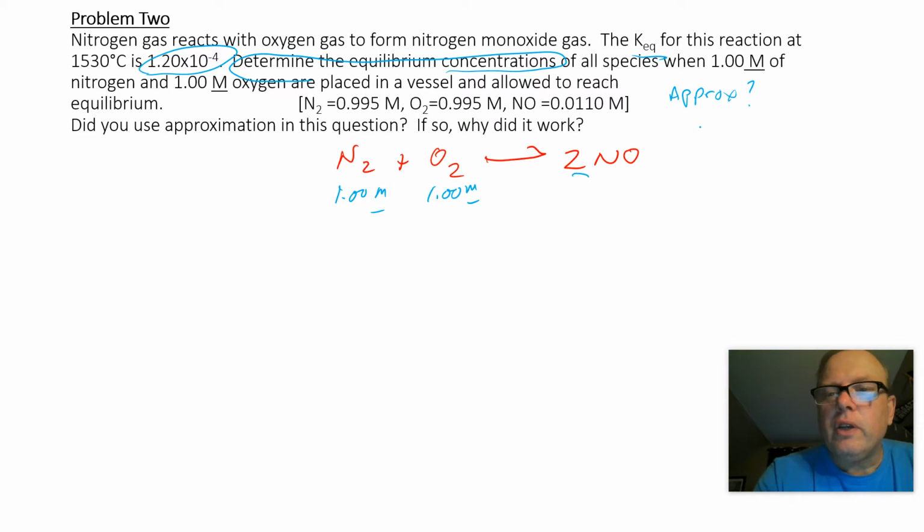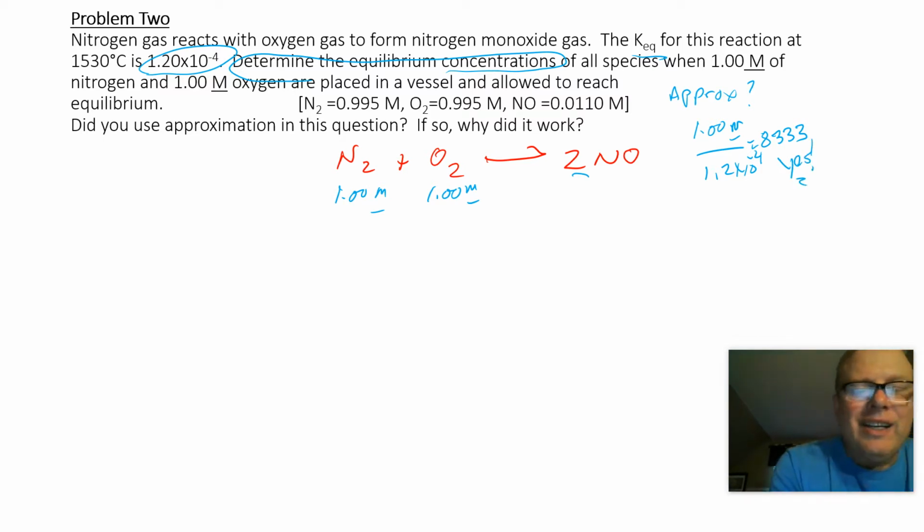So I have to have concentration over K greater than 1,000. So 1 molarity over 1.2 times 10 to the negative 4 equals 8,333. So yes, I can approximate. Yes, good stuff.